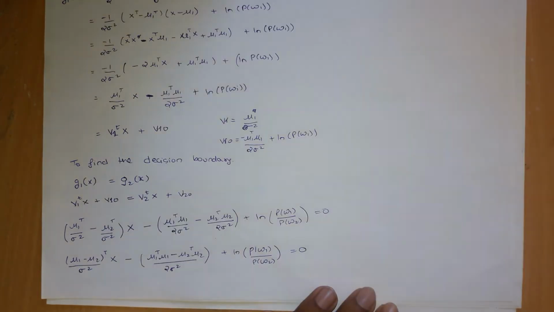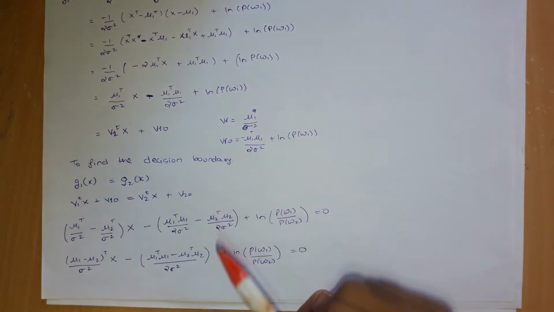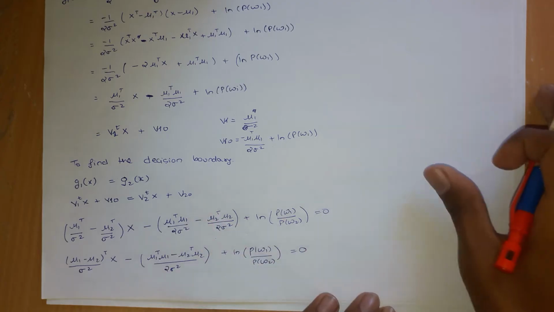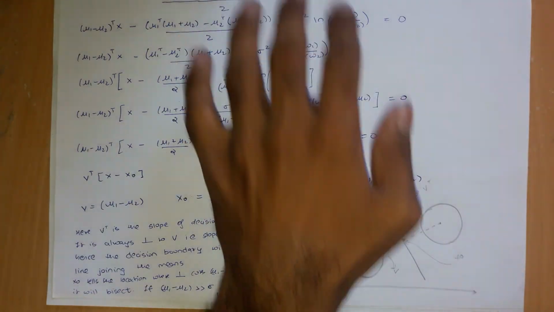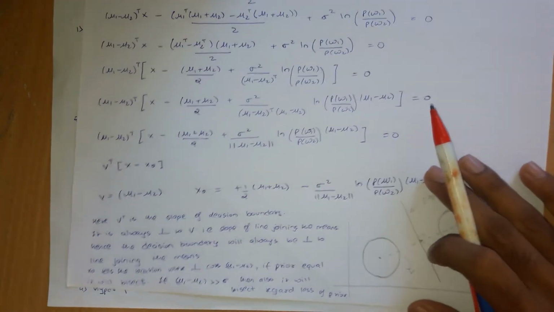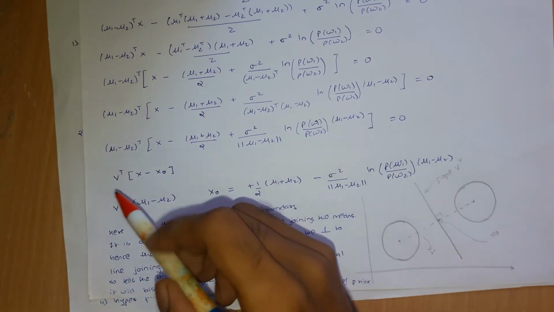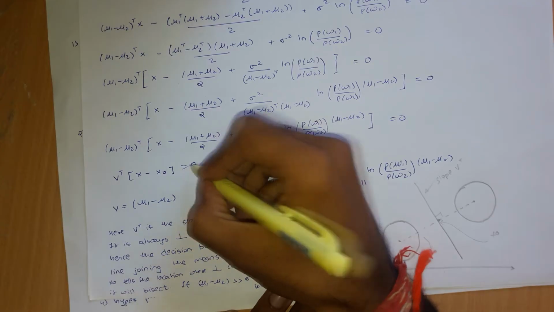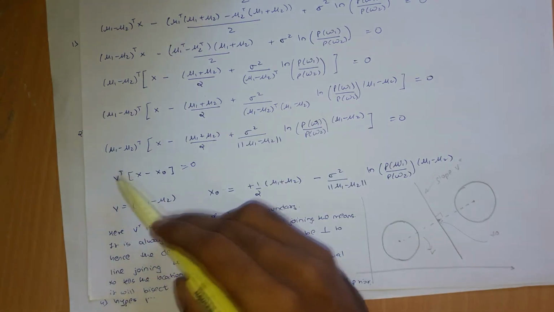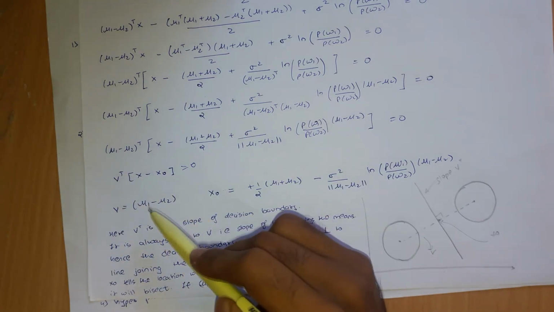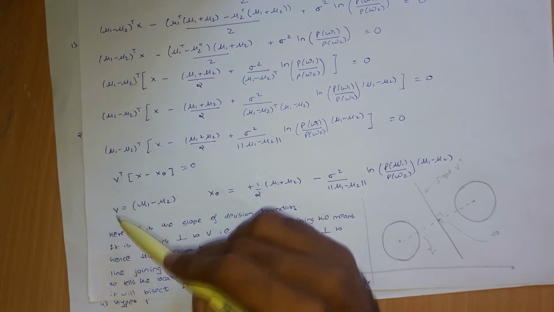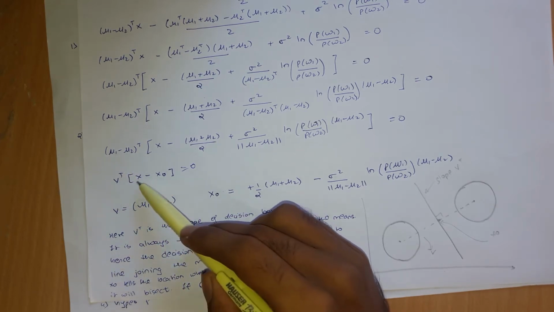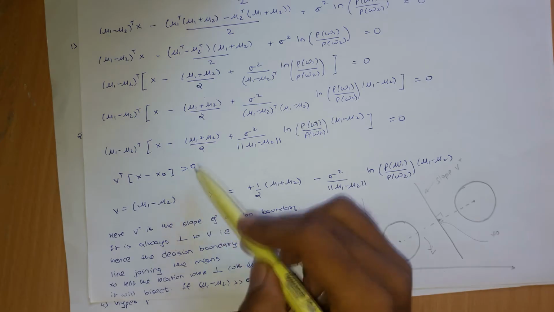This is what I'm doing. So when I equate both of them and do some algebra, and a lot of algebra is done over here, what happens is I get an equation like this. I get some V transpose, where V is this, so V transpose (x minus x naught) is equal to 0.